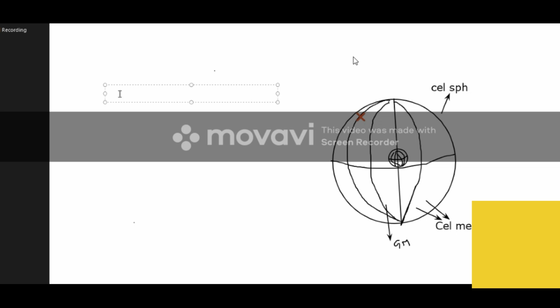Now let us see what is declination. Declination of a body is the same as the latitude, mind you. When I give the definition, you will see that it is the same.